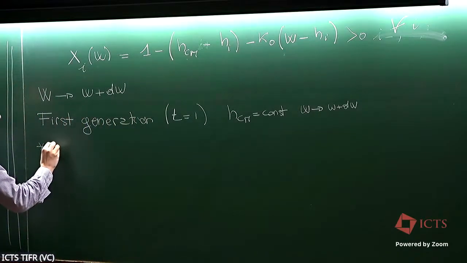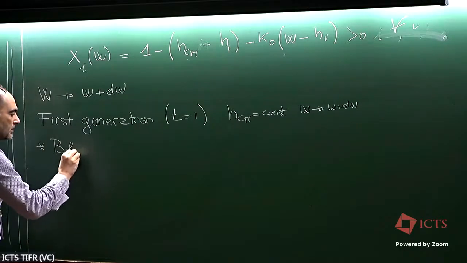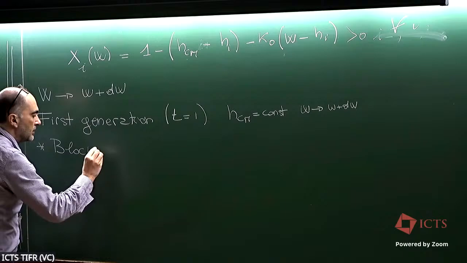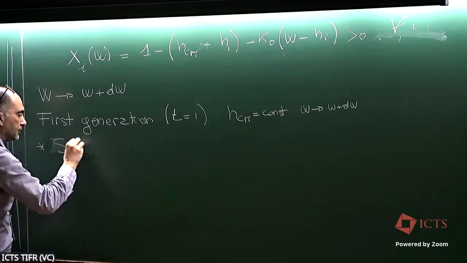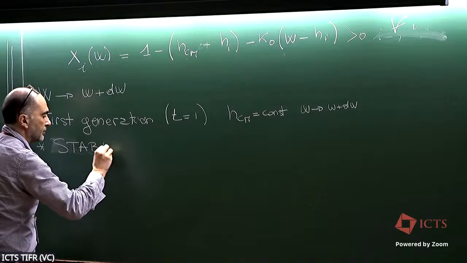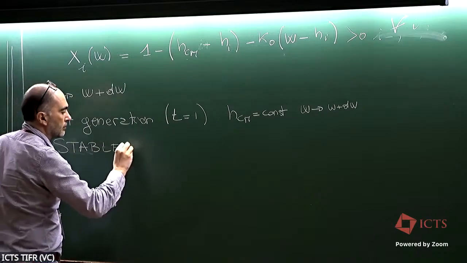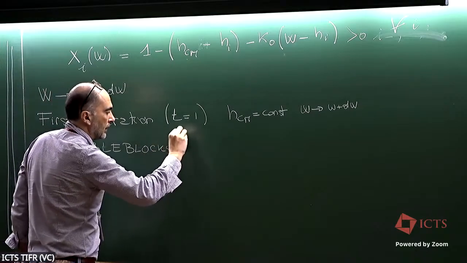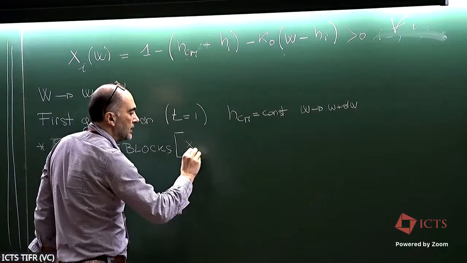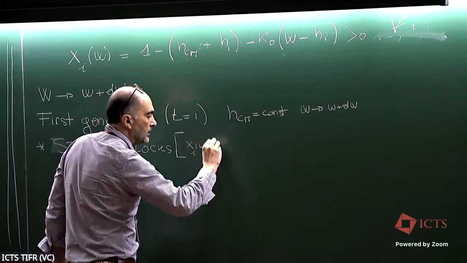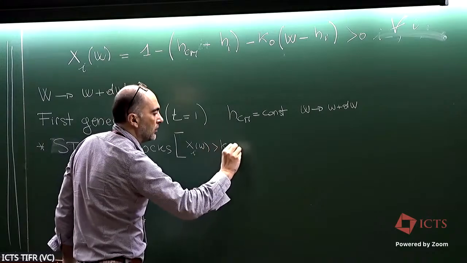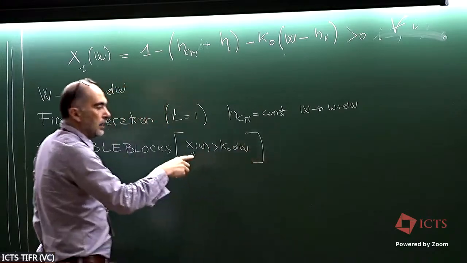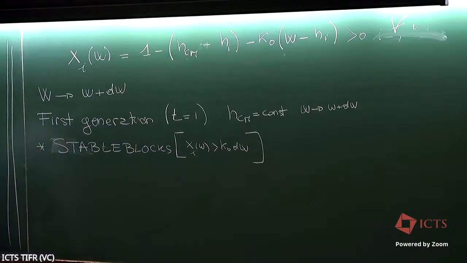You have what I call the stable blocks. What it means is that xi of W is bigger than K0 delta W. If the position of your xi is bigger than the force you give, it will remain stable, okay?